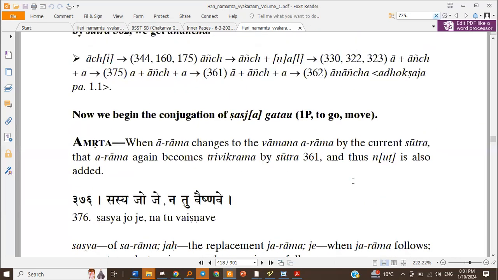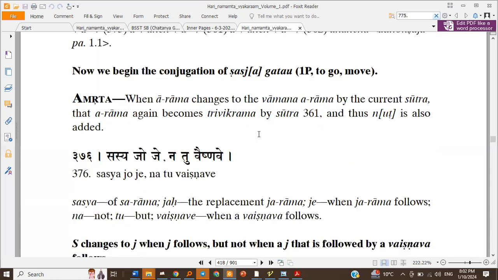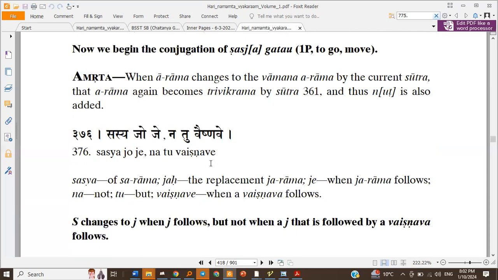The next one is shasjagatu. So shasj. So tasya joje nadu Vaishnave. This sir changes to ja when ja follows. Like in shasj, this third letter is sarama. So it will change into ja because there's another ja following, but not when a ja that is followed by a Vaishnava follows.